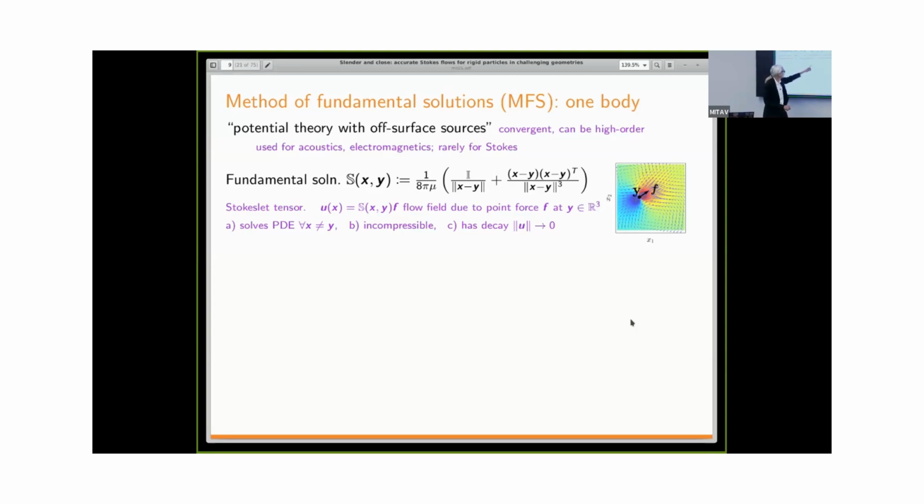This means if I take a little force, a delta function force, and push the fluid, like the hand of God coming in and touching that little piece of fluid, you get a resulting flow and pressure field. This is the flow field. It's called the Stokeslet.